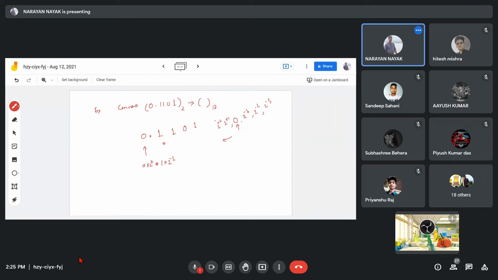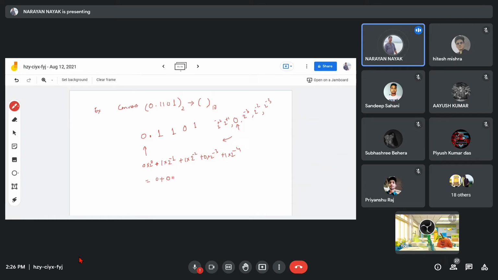Okay. Clear? And this point is your plus 1 into 2 to the power minus 2 plus 0 into 2 to the power minus 3 plus 1 into 2 to the power minus 4. Okay. So 0 into 2 to the power 0 is 0 plus 2 to the power minus 1 means 1 by 2.